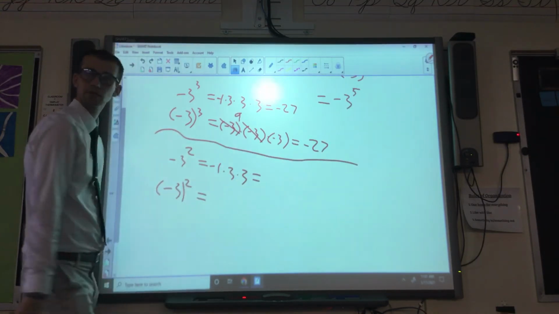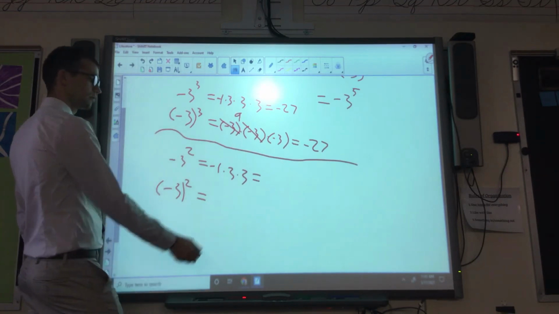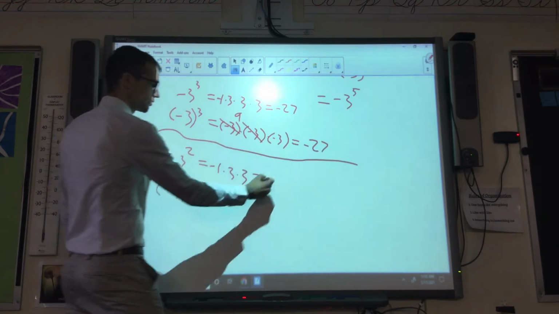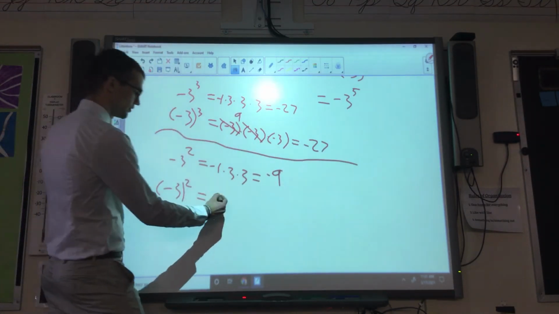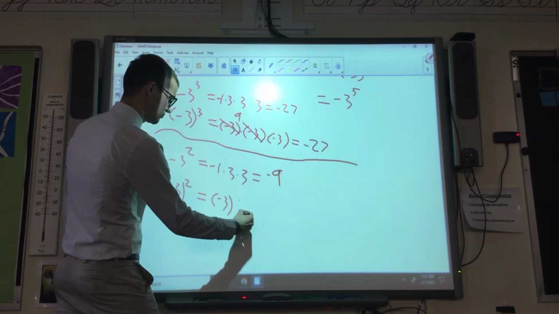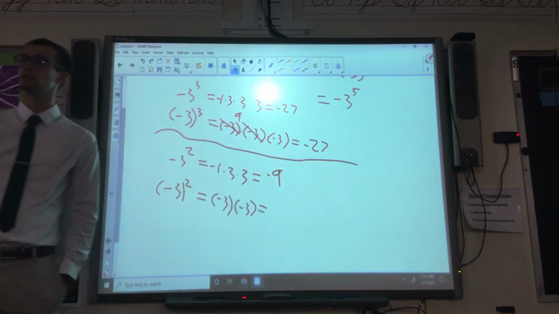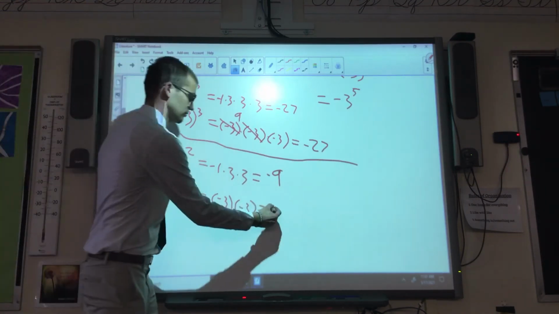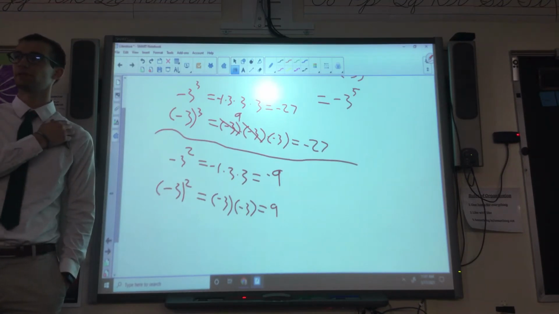What's 3 times 3? 9. 9 times negative 1? Negative 9. If I have negative 3 in parentheses squared, this is negative 3 times negative 3. What's negative 3 times negative 3? Positive 9. Are they the same thing? Nope.